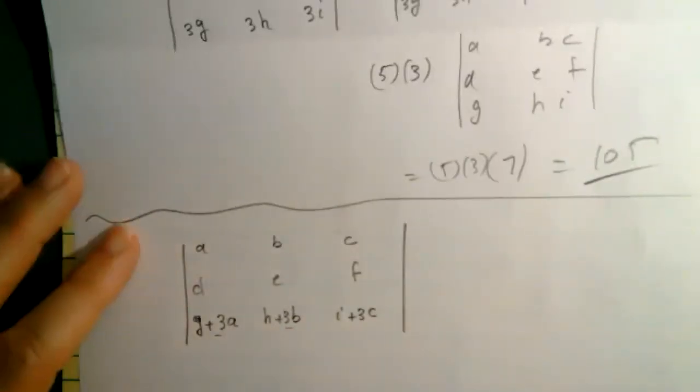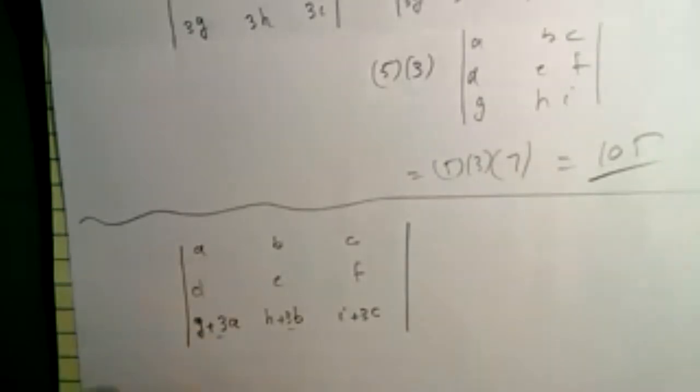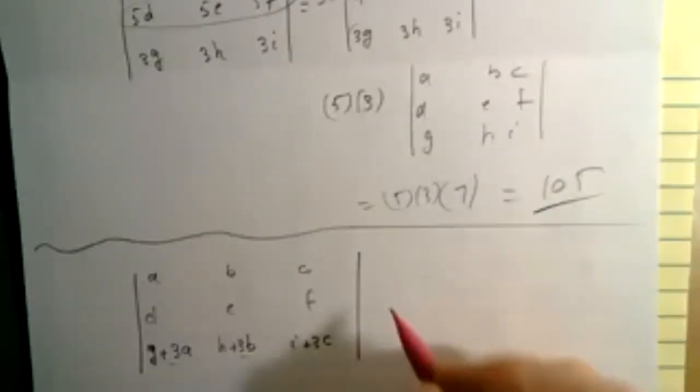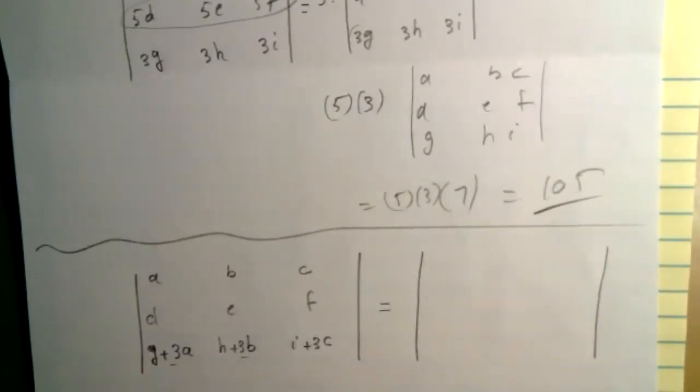What's the determinant of that matrix? 7. That's 7, absolutely correct. This hasn't changed.